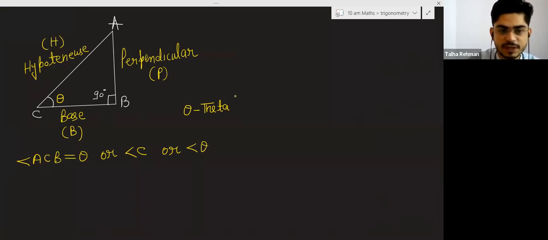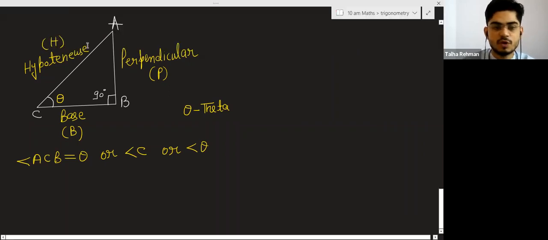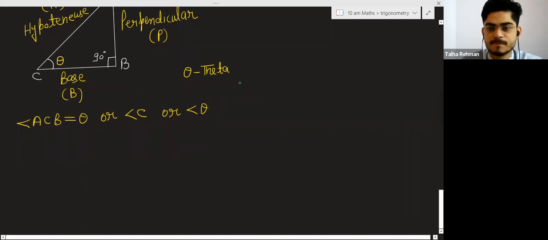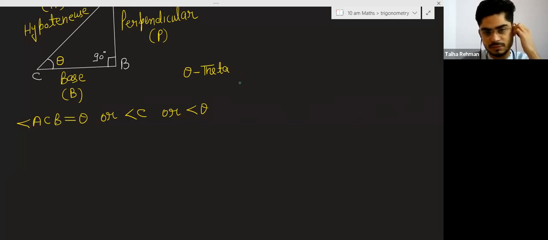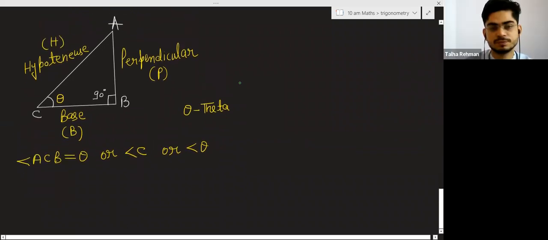So you can write this as sin C or sin theta. Myra, are you getting? Yes, sir. But these are new terms for you. So I am saying that you can write this as sin C or sin theta. Both are same things. Okay.